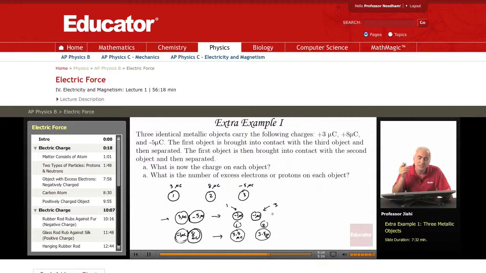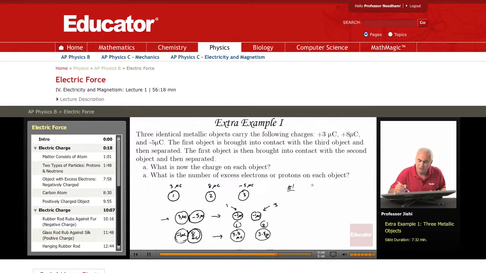Now what's the number of excess electrons or protons on each sphere? If the charge is negative, it means we have excess electrons. If the charge is positive, like here, it means we have excess protons. So on object number 1, I have 3.5 microcoulombs, positive, so I have excess protons. How many?